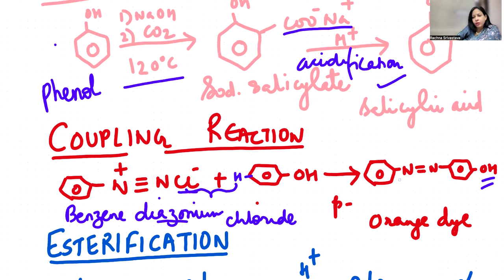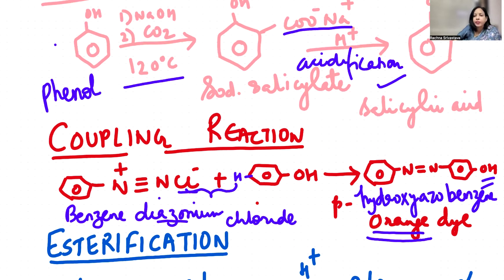Now this entire reaction takes place at the para position, so in the name it will be para hydroxy, because it contains the OH group, azobenzene, and it is an orange dye. This is something very important which you cannot forget.